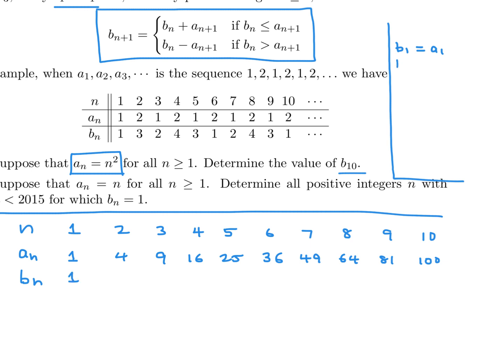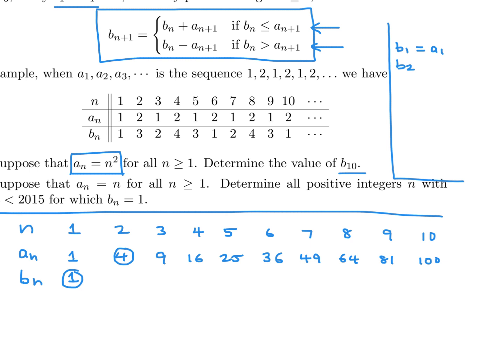Okay, now we got to do b2. What you do first is look at a comparison between b1 and a2. So here's b1 and here's a2, and you have to see which one is bigger.